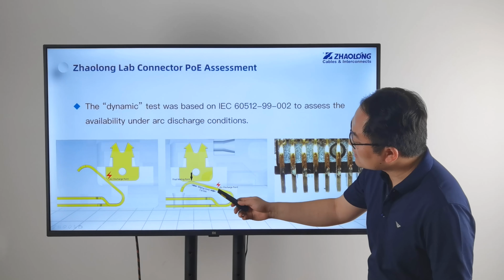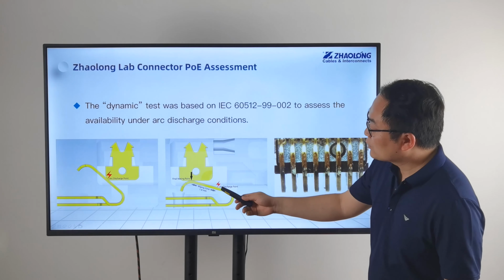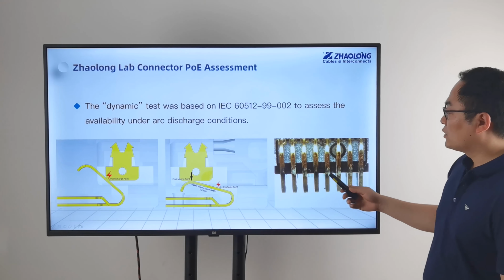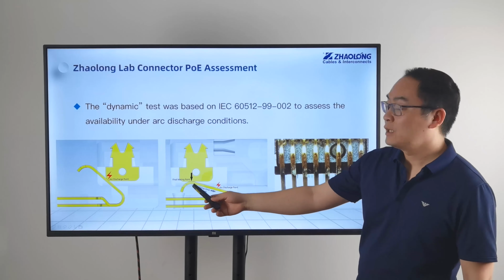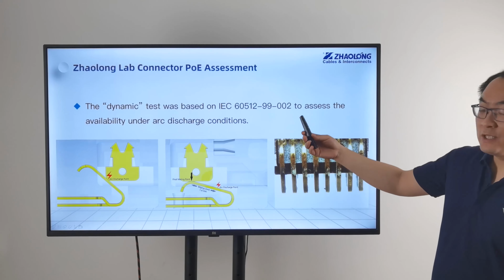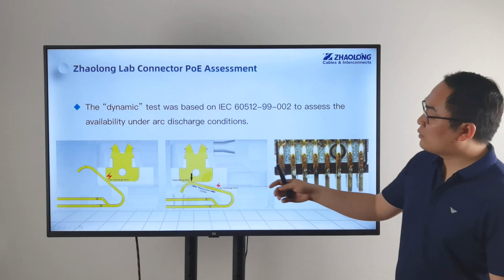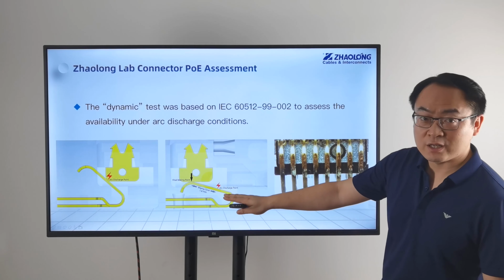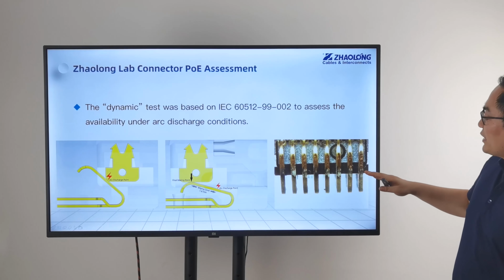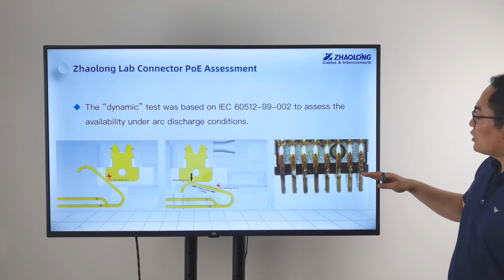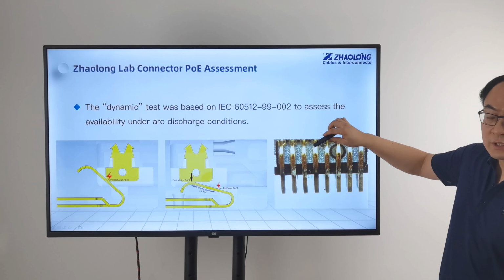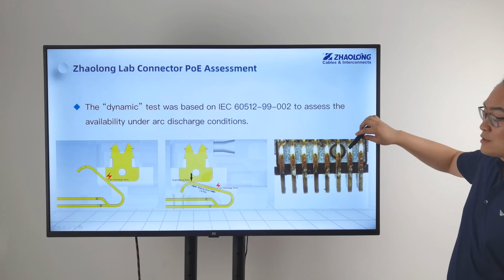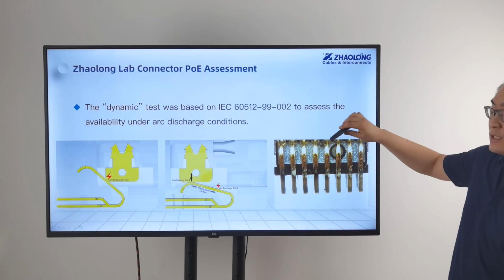You have to have a safe wiping zone to make sure the damage will not affect your connection. So in our lab, we do this kind of test. We give the connectors a certain number of arc discharges, and to make sure this damage will not affect the connection, we test the contact resistance of the connector to make sure they are still good.